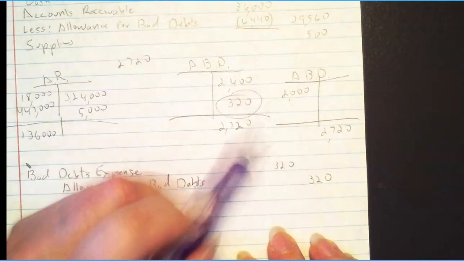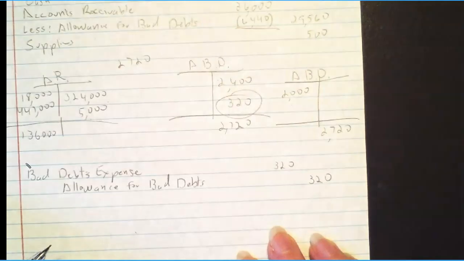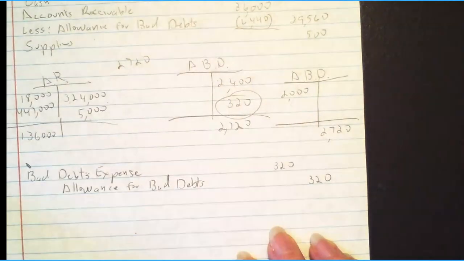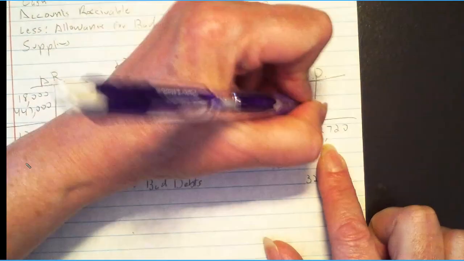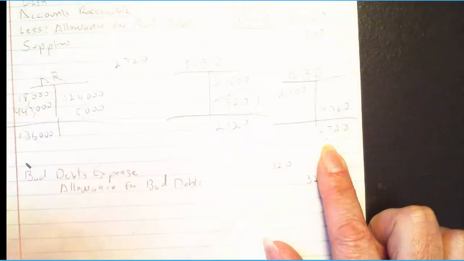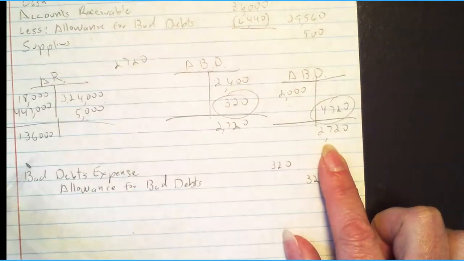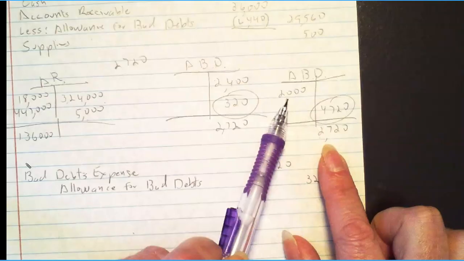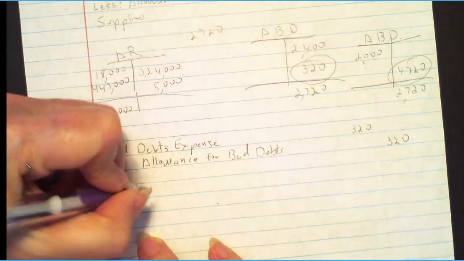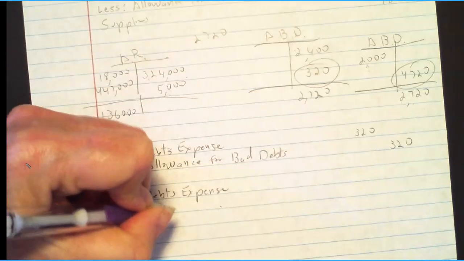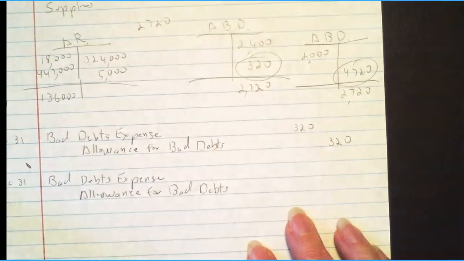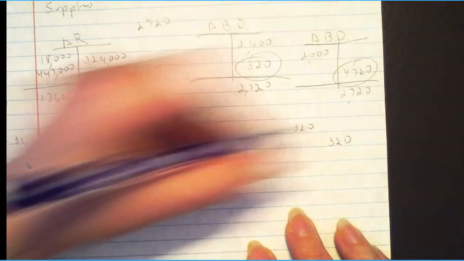I've got to put 2,000 in there to get it to 0, and then another 2720. So I need to credit 4720 to get to where I need to be. So now, does this make sense? 4720 minus 2,000 is 2720. It's the same. So now I'm putting in 4720.